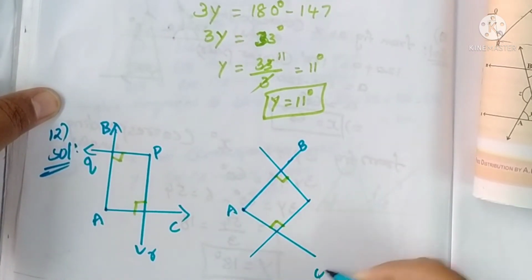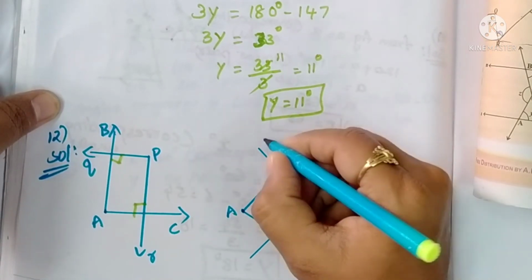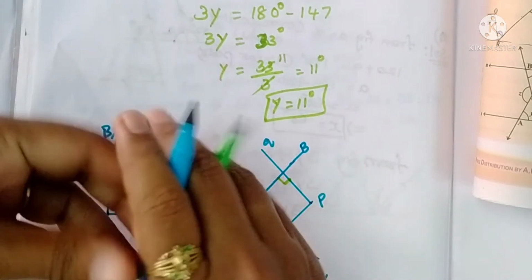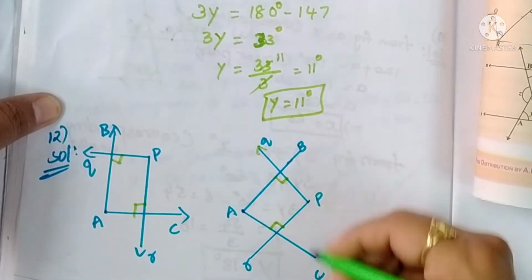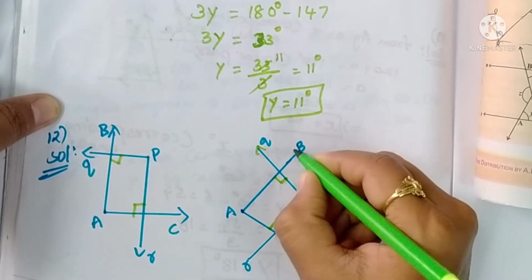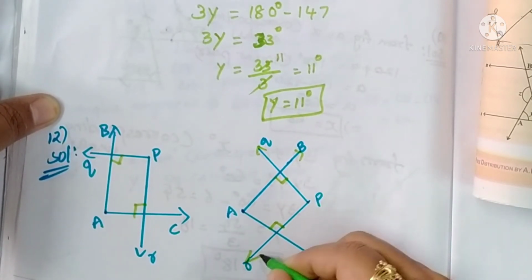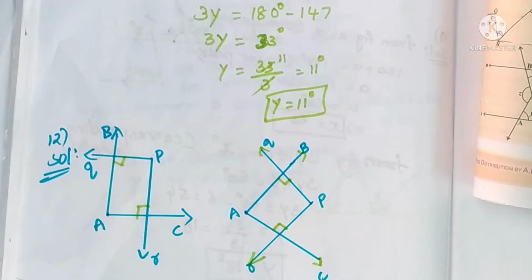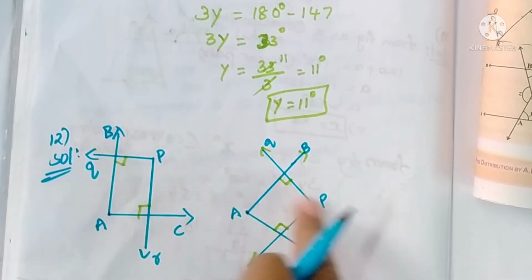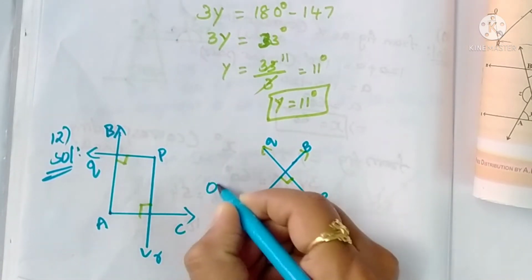Okay. So A, B, C, P, Q, R. Like this, we can draw the angles whose two arms are perpendicular to the two arms of another angle. Okay, either this or this. You can draw any one.